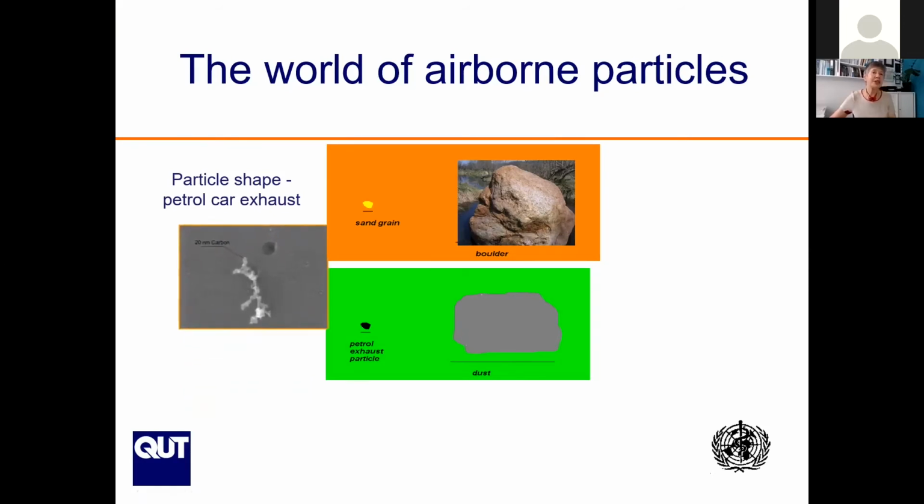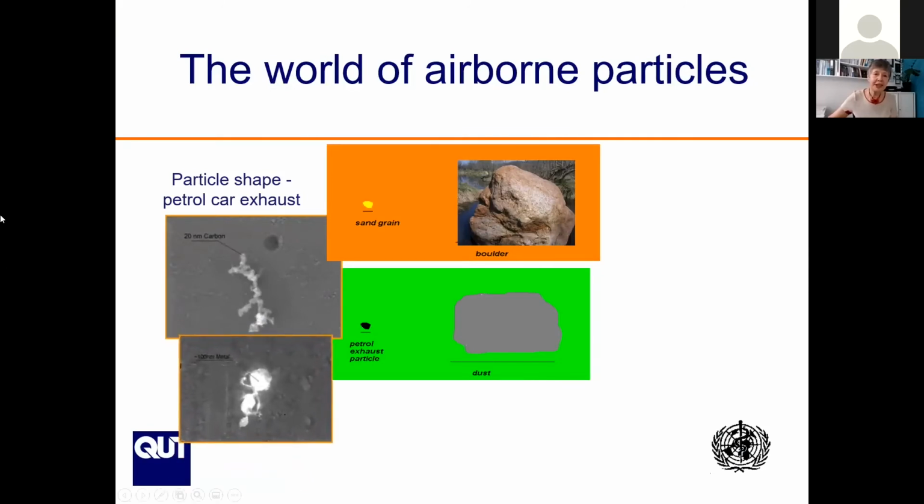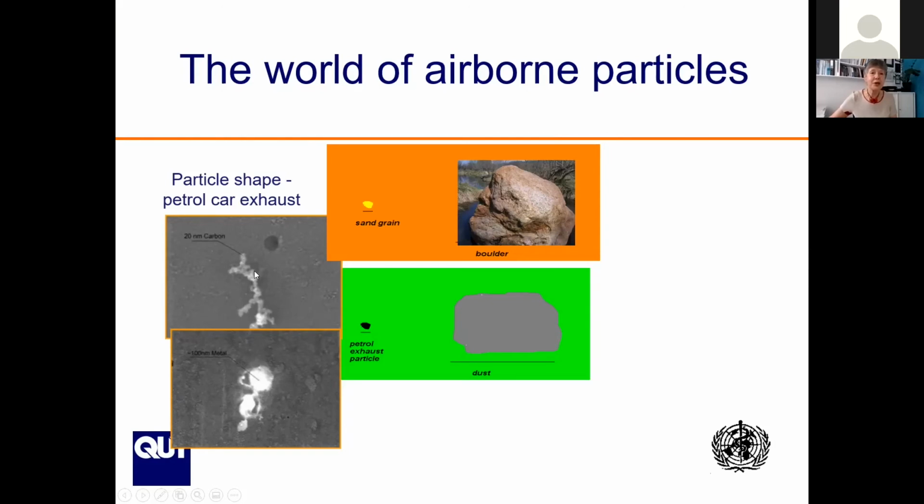These are images from an electron microscope, and they show how small and how complex these particles are. So this is a 20 nanometer particle, and this is basically carbon. And look, it's got a fractal shape, because the pattern repeats itself.